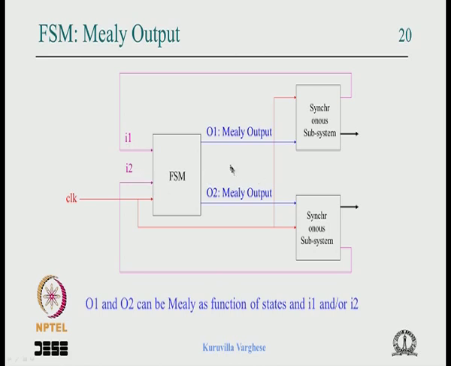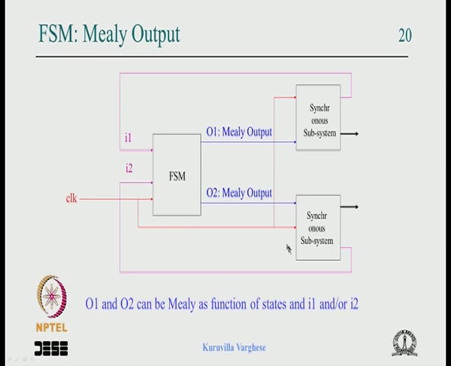It need not be that O1 is generated only as a function of I1. O1 can be a function of I2 or I1, or there is yet another input which is synchronous to this clock. It does not matter, maybe it is coming from the outside world, somebody has synchronized it to this clock, and that can be coming to the input of the state machine. Then O1 can be generated as a function of I3 which is synchronous with the clock.